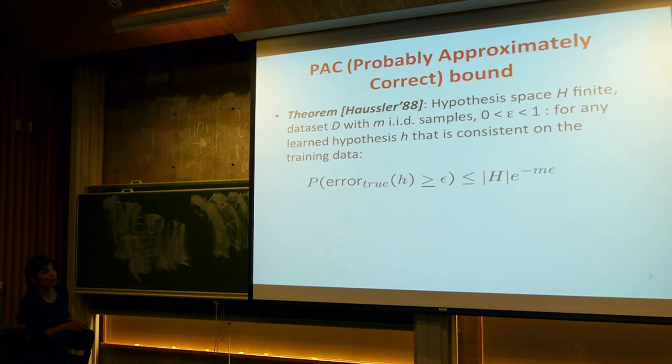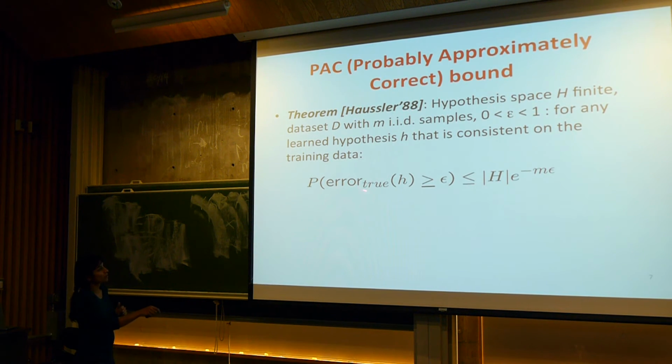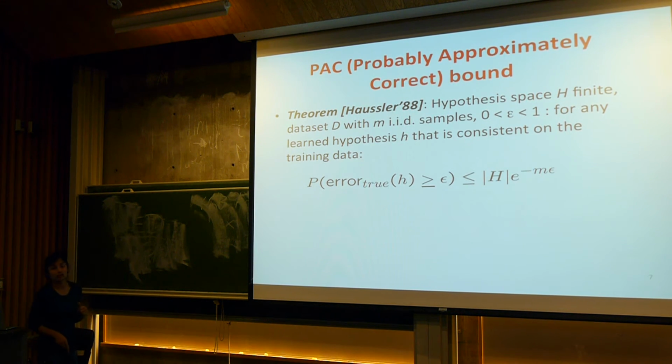If you have a finite hypothesis space, for example decision trees with finite depth, and a data set with m IID samples, and some target epsilon you want to bound your true error by, then for any learned hypothesis that's consistent with the training data, meaning it gets all the training data correct, the probability that its true error is bigger than epsilon is less than this quantity we just derived, which depends on the size of the hypothesis space, the number of data points, and the accuracy control you want on your true error.